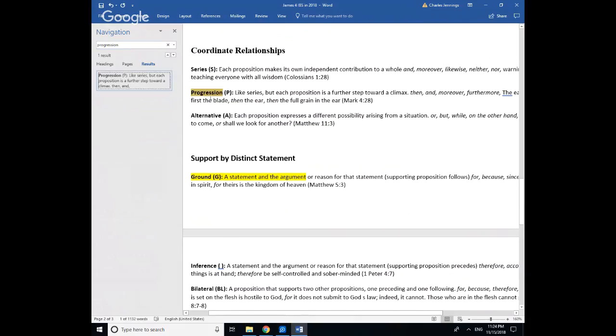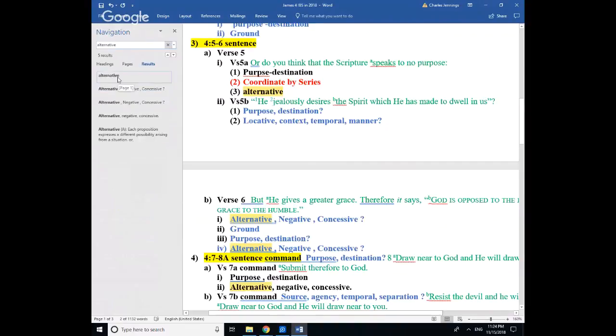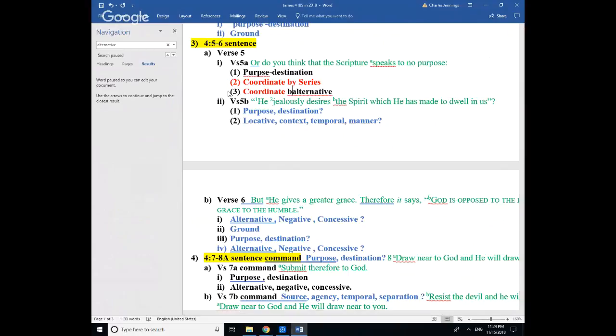Oh, no progressions. So let's do alternative. So this is coordinate too, but this is coordinate by alternative. I'll copy this one.